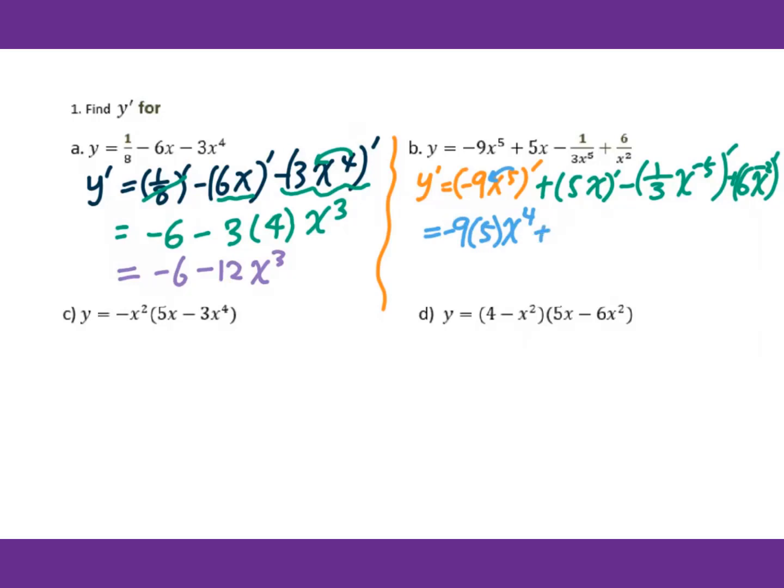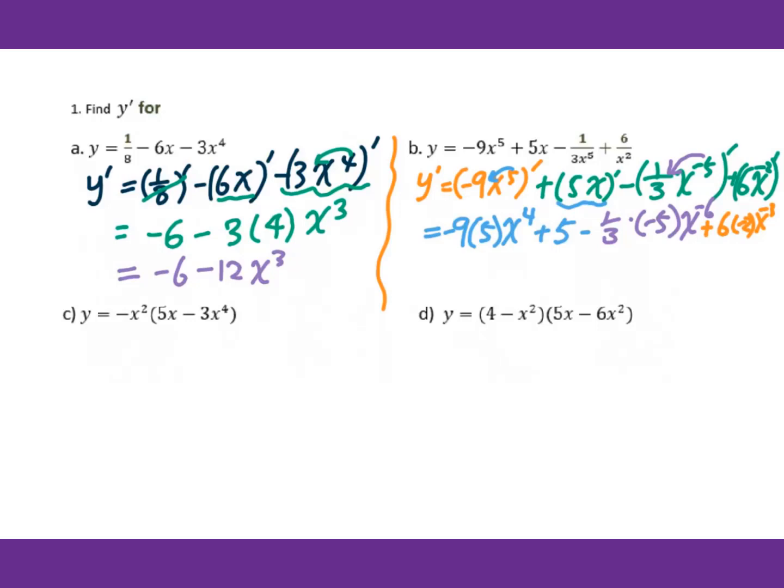Then plus 5, which is the derivative of the linear function. Minus, drop down, so 1 over 3 times negative 5 x to the negative 6 power. Then plus 6 times negative 2 x to the negative third power.